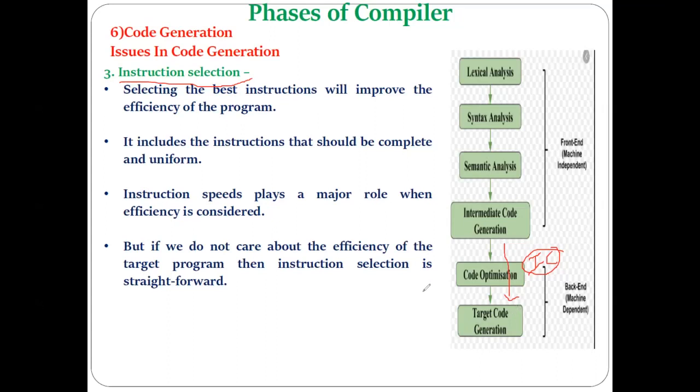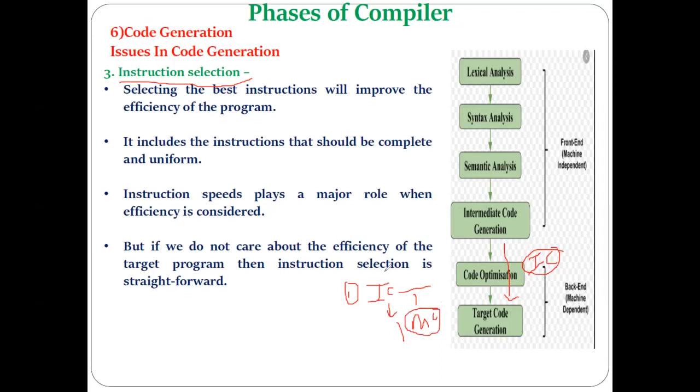Now, for a particular intermediate code instruction, more than one machine code instruction may be available. Understood?